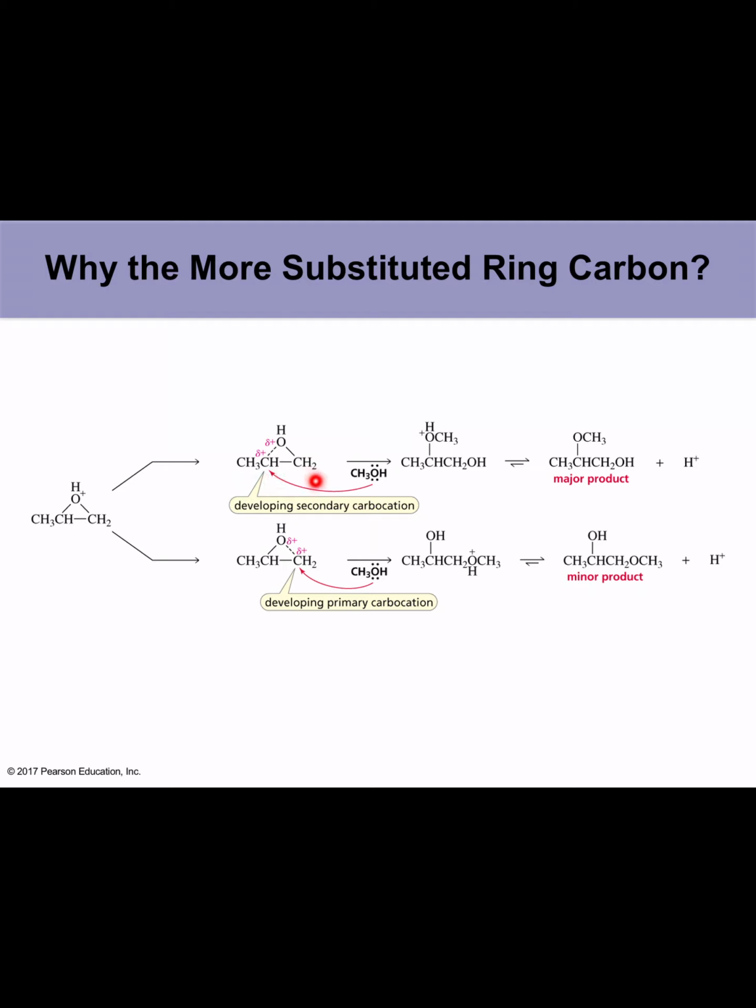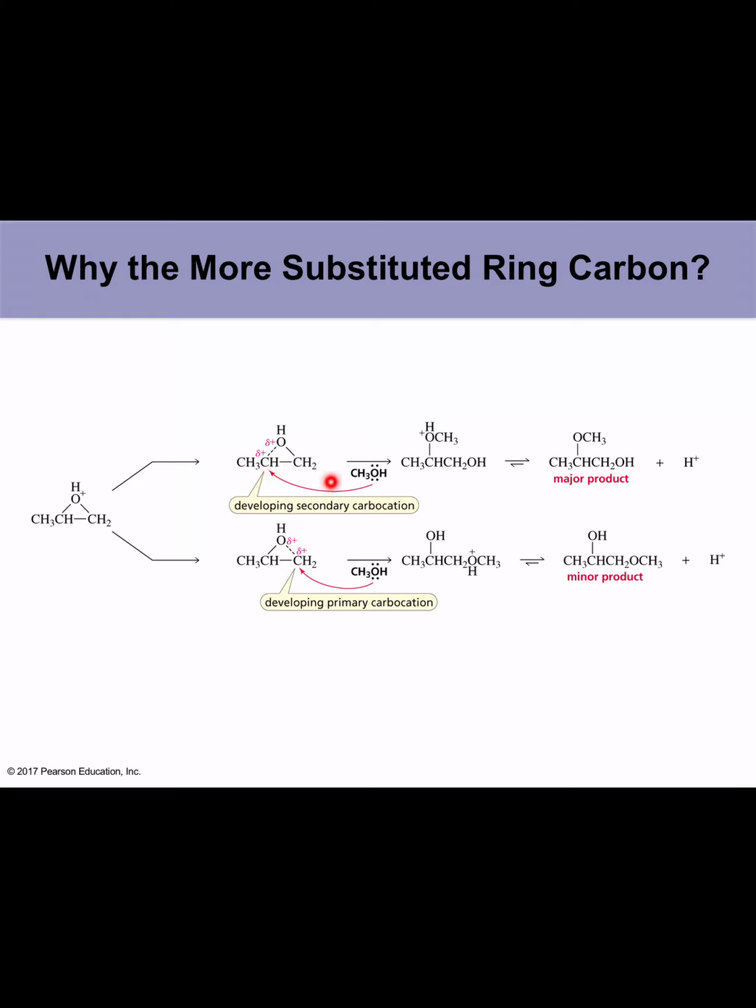But if methanol goes to the other carbon and that carbon-oxygen bond breaks, it is forming a primary carbocation. A secondary carbocation is more stable compared to the primary one. Because of that, under acidic condition, methanol goes to the carbon which has more substitution.